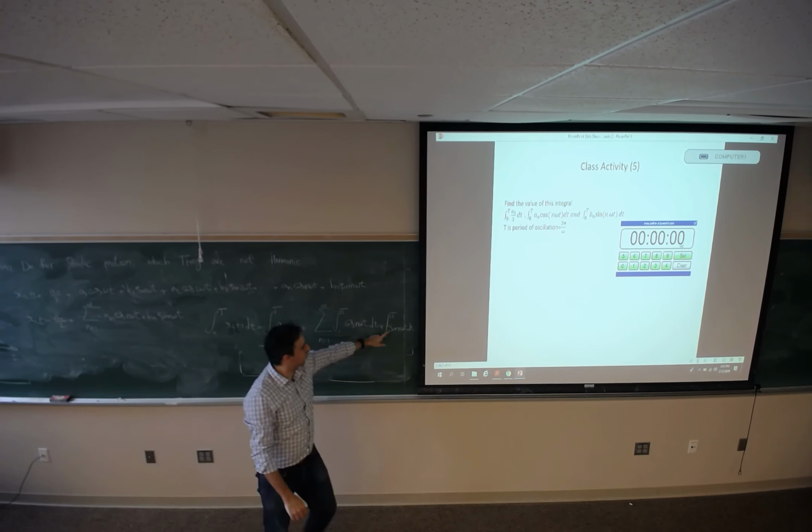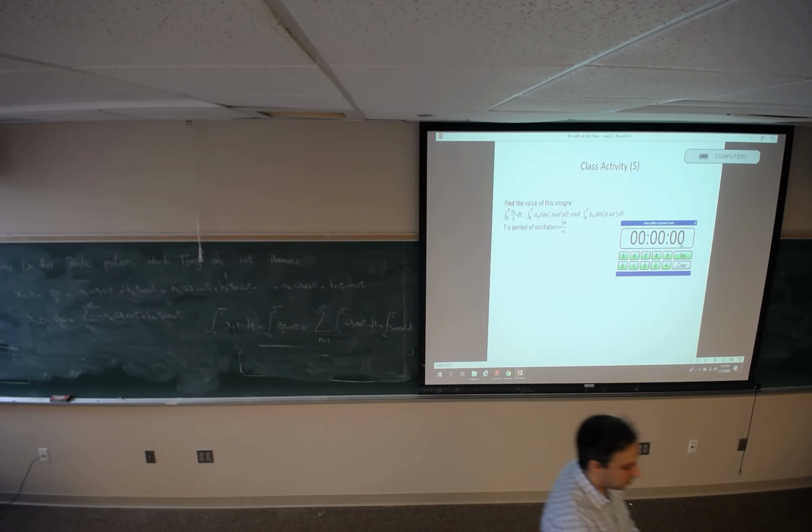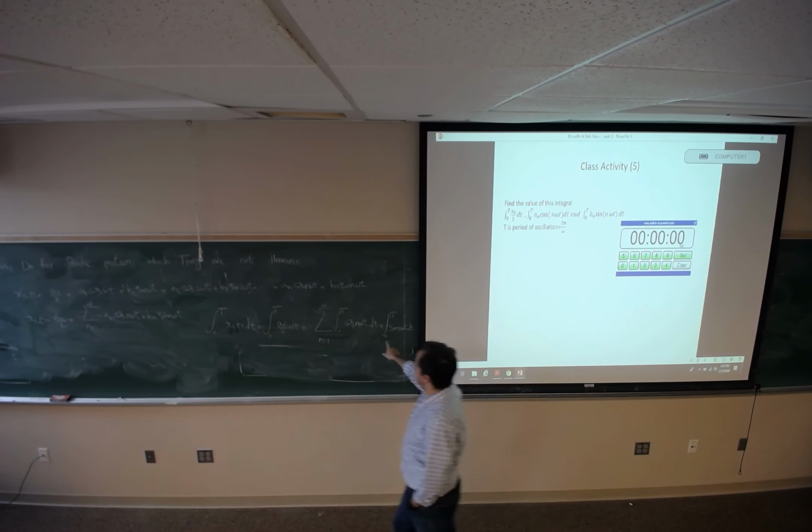I'll do the third one. So do the integration from 0 to T of a naught over 2 dt, and the others.